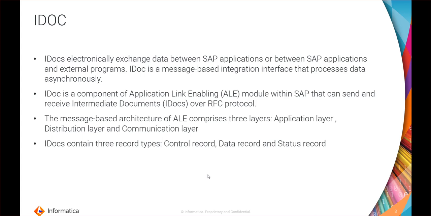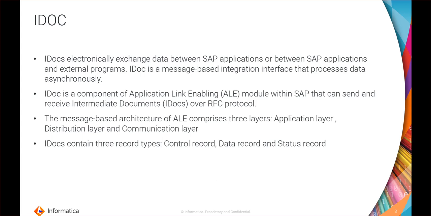The control record will have all the information about the message type, document number, from which system it is sending, which is the expected system to receive the data, and all that information. The data record contains the actual data that needs to be transferred, and the status record will capture the current status of the IDOC, whether it is sent from the SAP system, whether it is dispatched, and all those details. And this message-based architecture of the ALE has 3 layers: application layer, distribution layer, and communication layer.